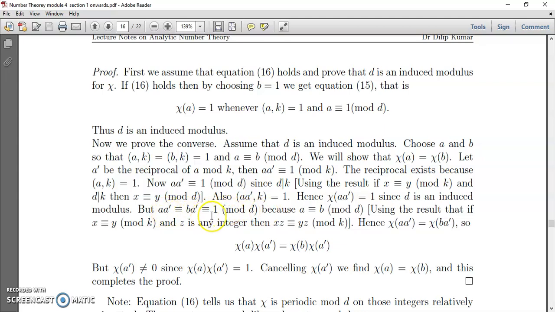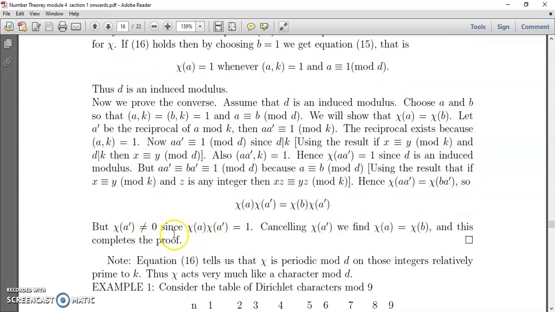So by using this result, what we can see is that chi of b a prime is equal to chi of a a prime, which is 1. Chi is multiplicative, so we can write it as chi of b times chi of a prime.